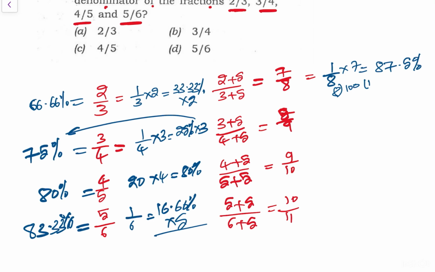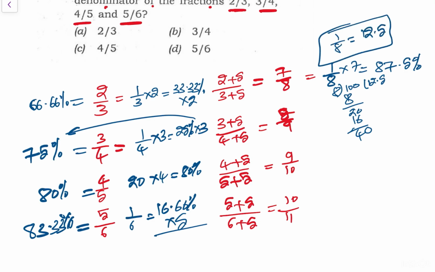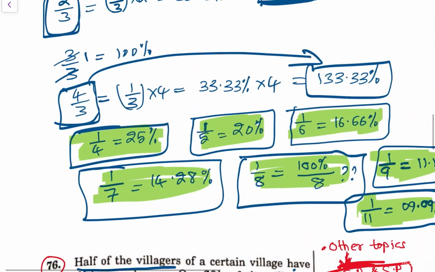See, 1/8 is what, 100/8, 8 ones are 8, 8 twos are 16, so 1/8 is equal to 12.5%.